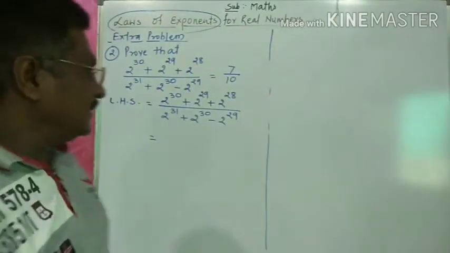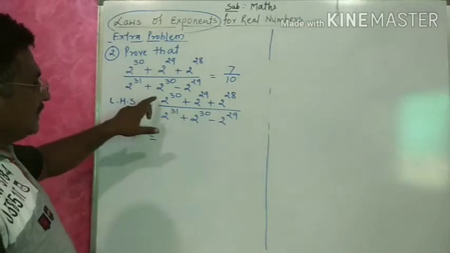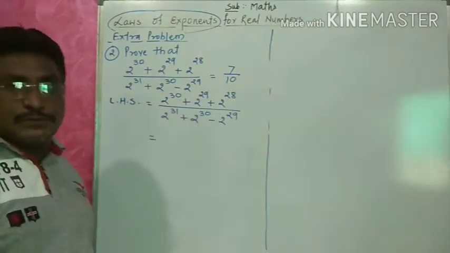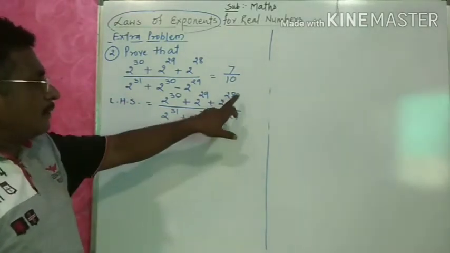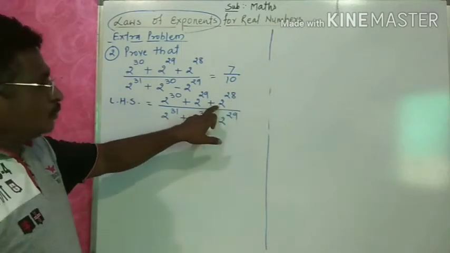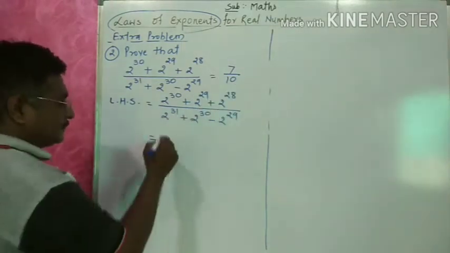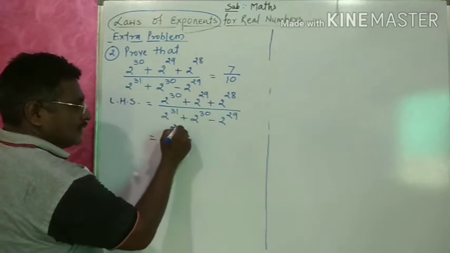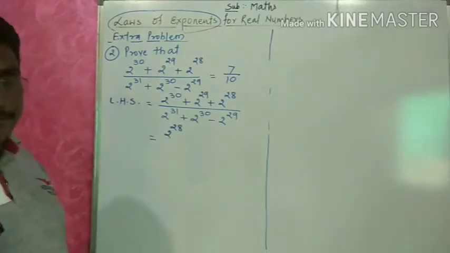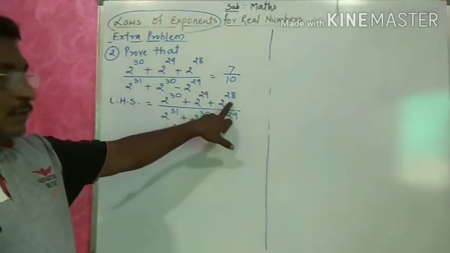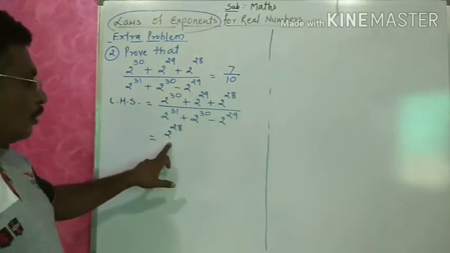So what do we do in that condition? See here, we look at the smallest power. What is the smallest power? 28. So 2 raised to the power 28 is common.